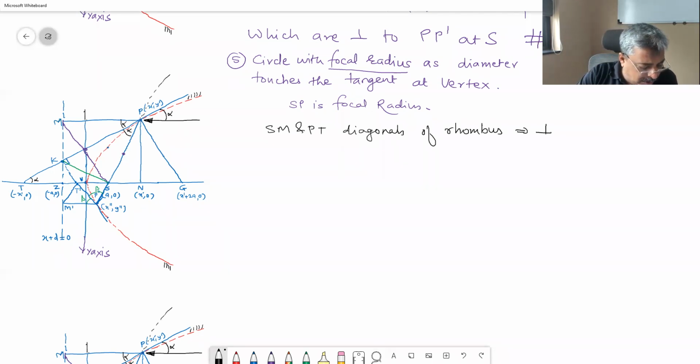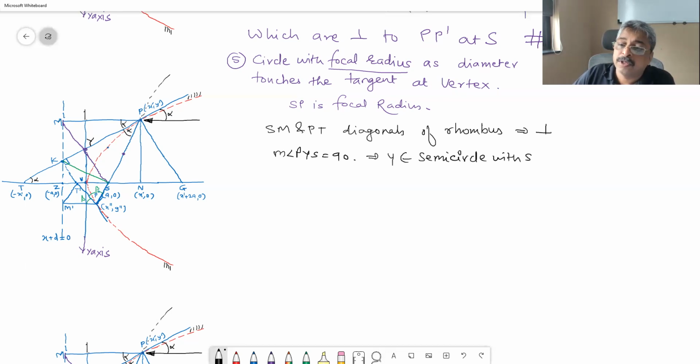Say there is a name to this point, Y. So measure of angle PYS is 90. Therefore, Y is on the semicircle with diameter SP, which implies Y belongs to the semicircle with SP as diameter.